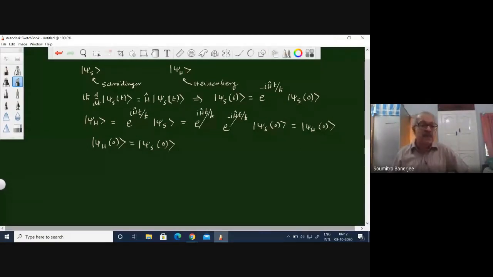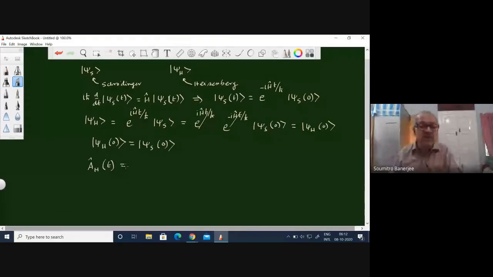But what happens is that any operator will change. The way it's defined is that any operator A in the Heisenberg representation will become a function of time, and it actually follows the basis transformation that we learned about earlier.